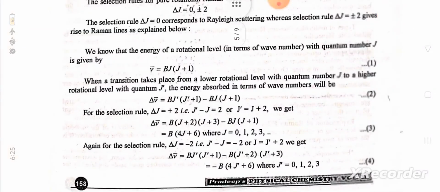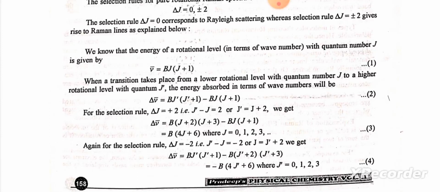We know that the energy of a rotational level in terms of wave number with quantum number J is given by B J (J plus 1). When a transition takes place from a lower rotational level with quantum number J to a higher rotational level with quantum number J dash, the energy absorbed in terms of wave number will be change in wave number is equal to B J dash (J dash plus 1) minus B J (J plus 1).